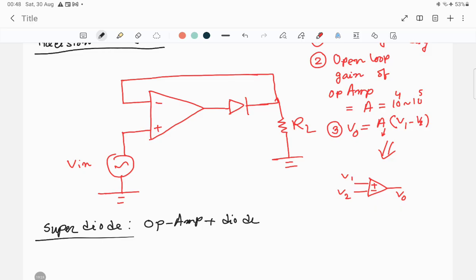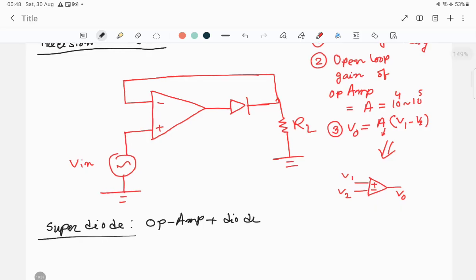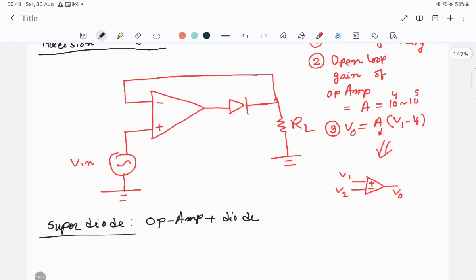Why will there be no voltage drop in this particular configuration? The reason is that, suppose over here V in is greater than 0 volt, so this is definitely my AC signal.